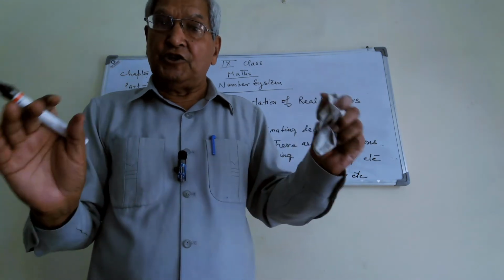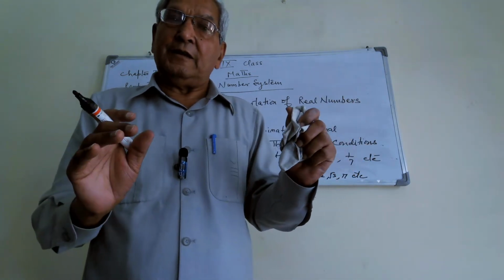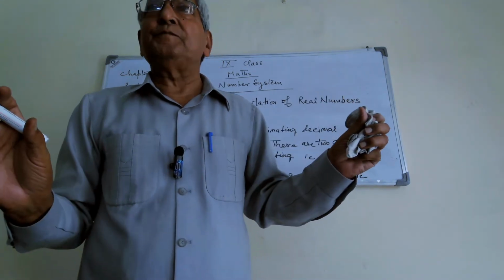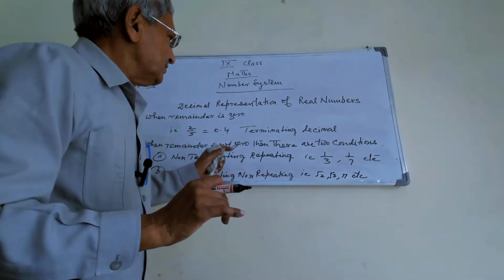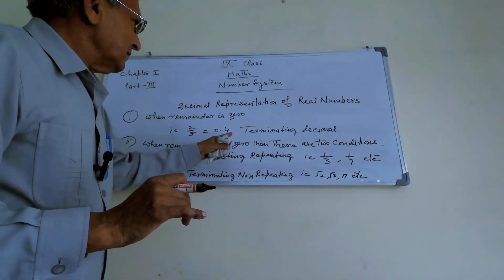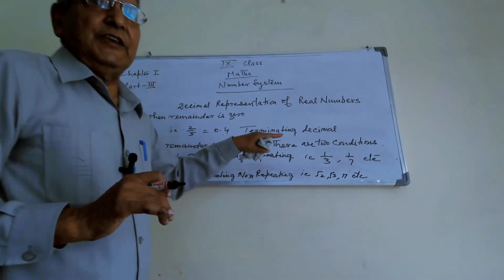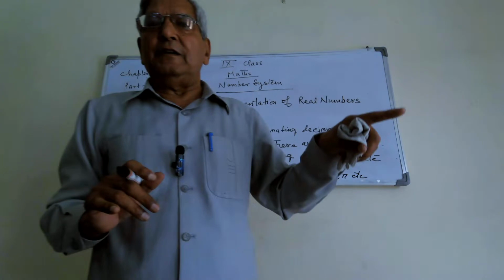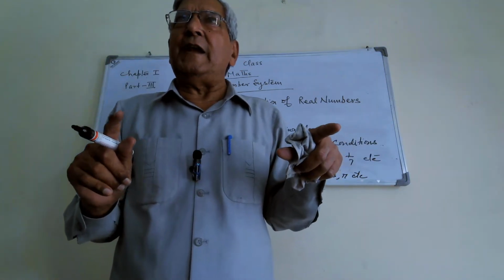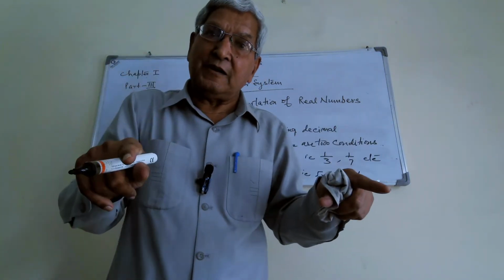Here the remainder is 0. Here the division terminates. So this is a terminating decimal, and this type of number is a rational number.